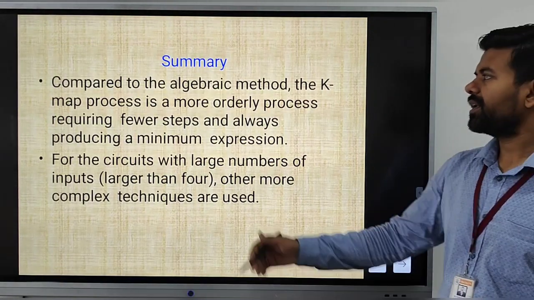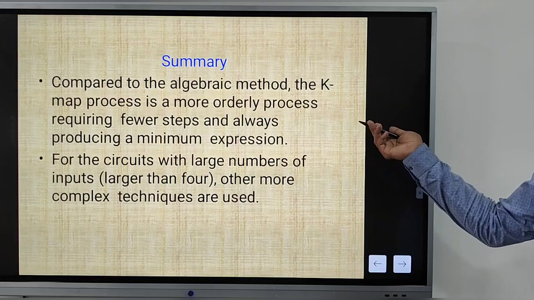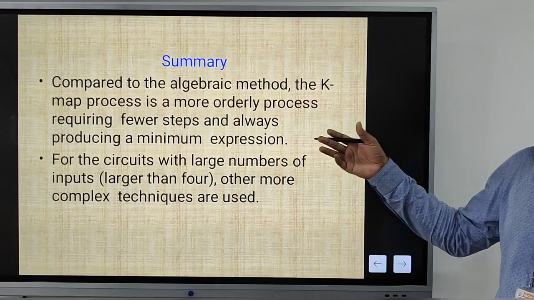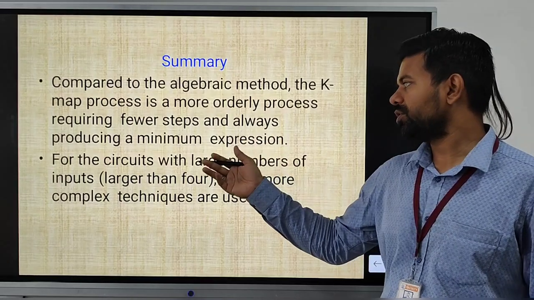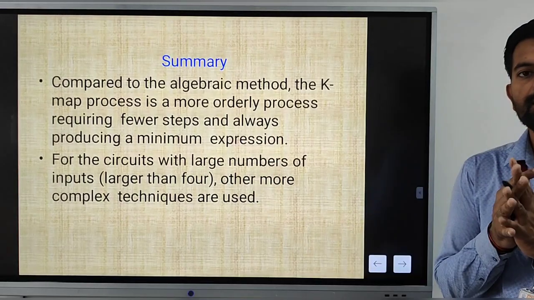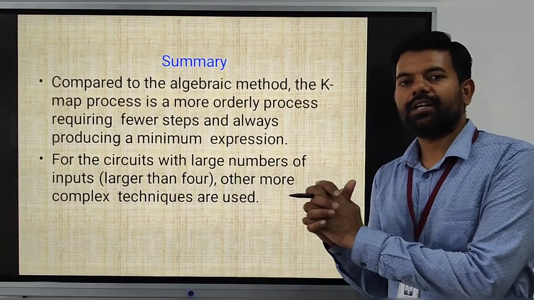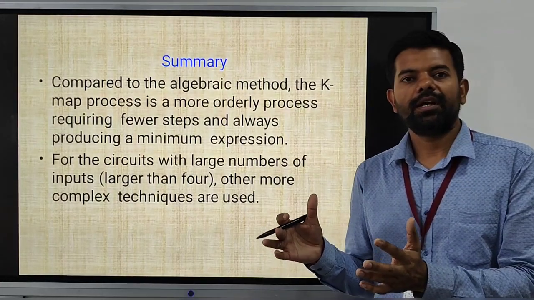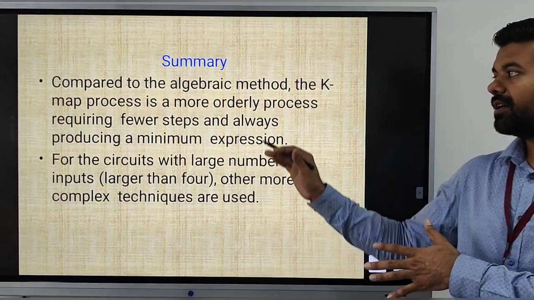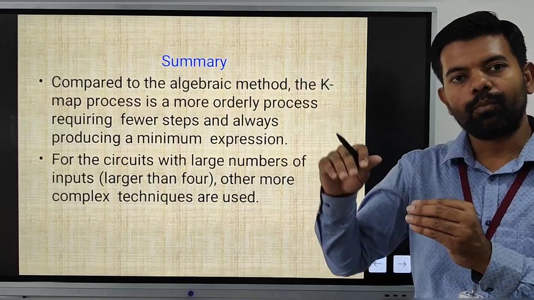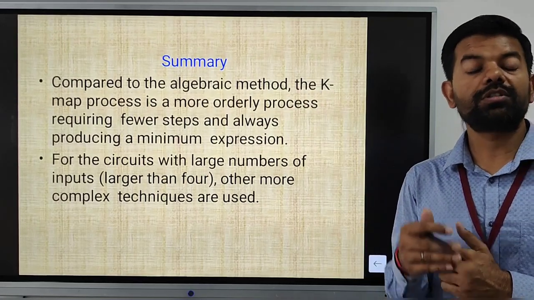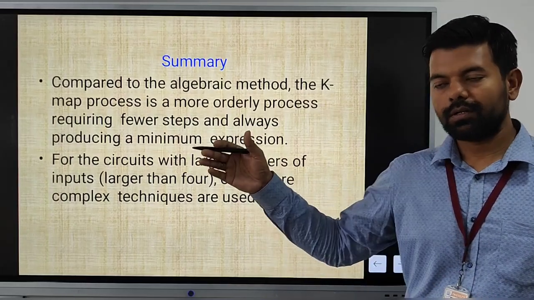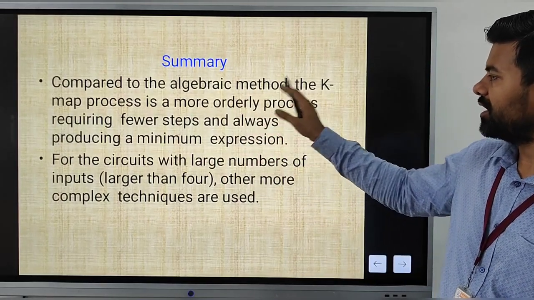Summary: compared to the algebraic method, the K-map process is easier, requires fewer steps, and always produces a minimum expression. In the algebraic process, we need to learn so many theorems, and it is practically proven that the K-map is more efficient and produces a more simplified Boolean expression compared to the algebraic method.